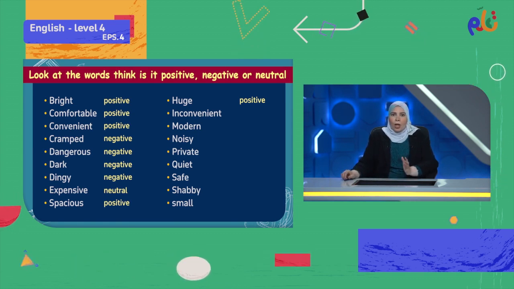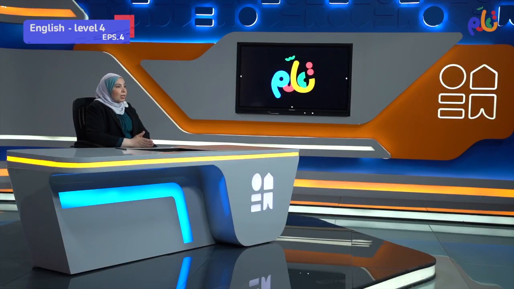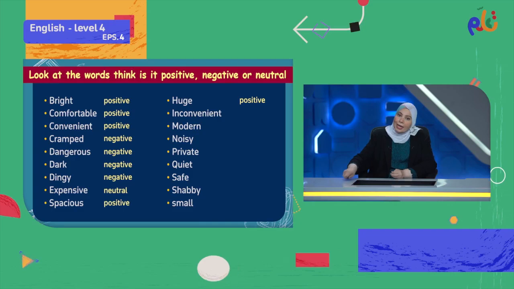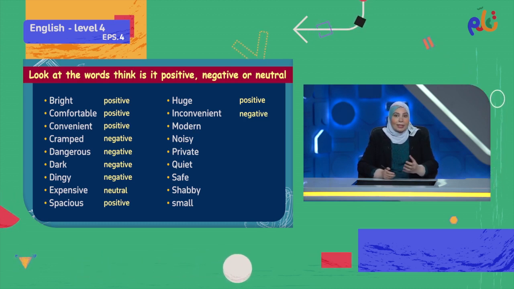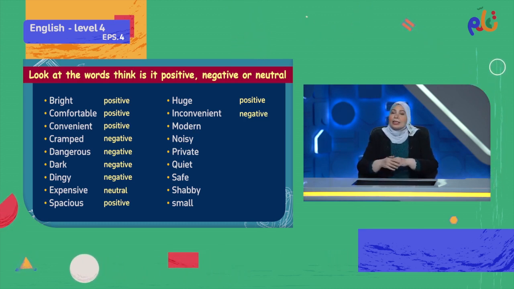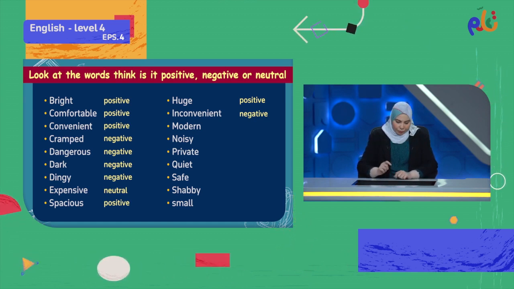For example, I have a big family and I see a 2-room flat. So this is not suitable for me. This is inconvenient. So inconvenient is something positive or negative? It is something negative. And it can describe the flat, it can describe the street, it can describe the area, it can describe anything that's not good for me.